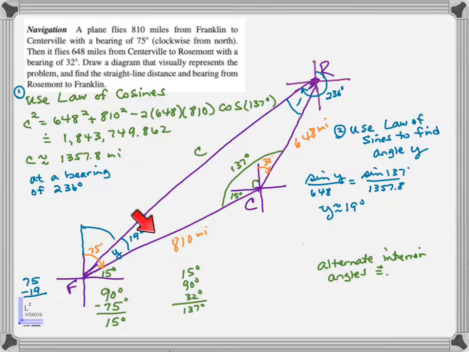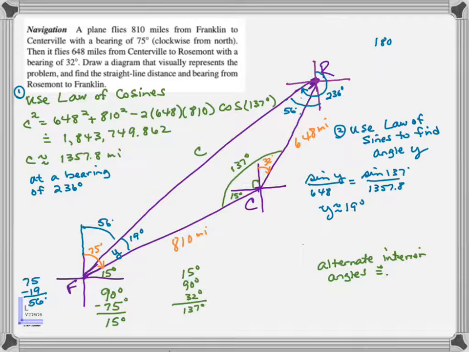So if this is 19 degrees, we're going to use alternate interior angles once again. Let me push play and then I'll explain. Let's pause it right there. If this is 75 degrees down to here, what we did was subtract 75 minus 19 degrees to get our 56 degrees.